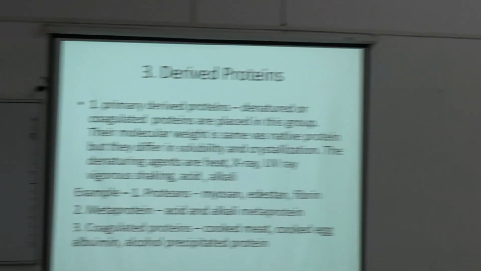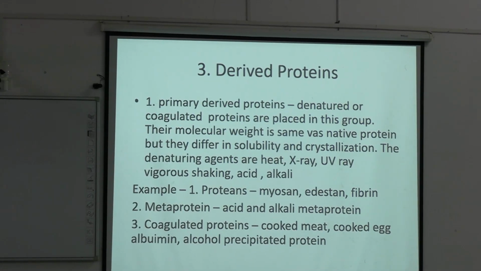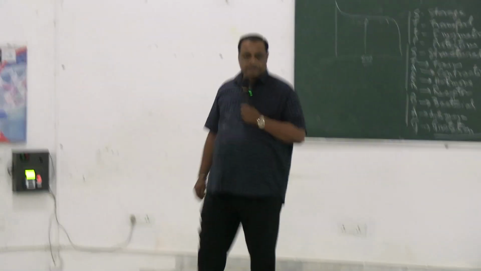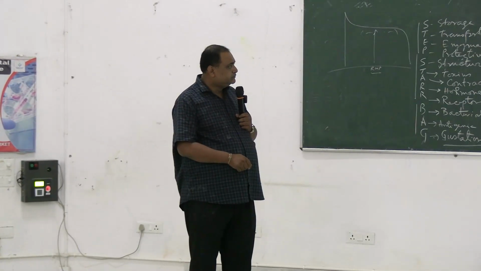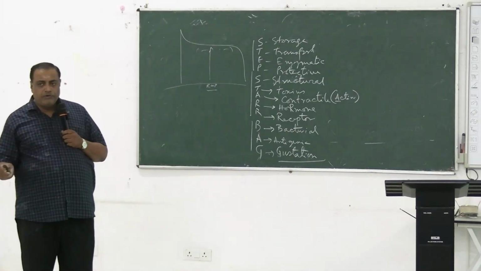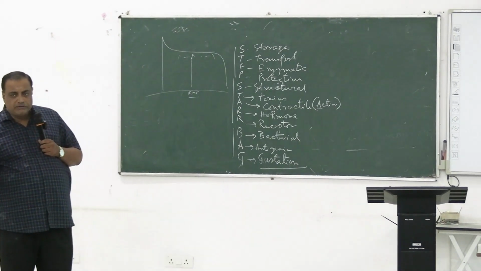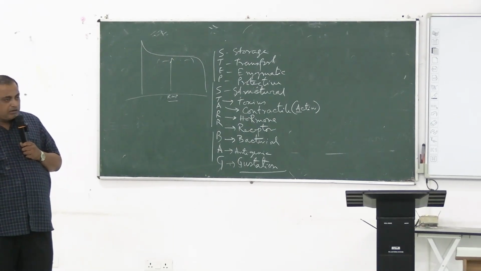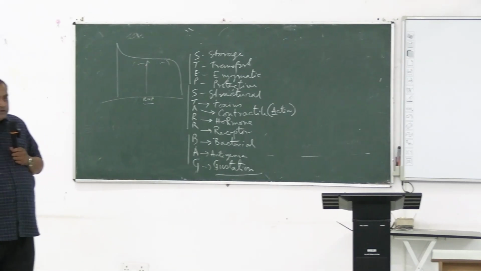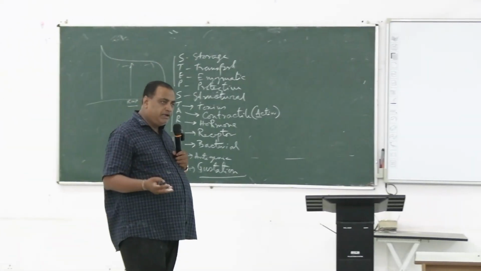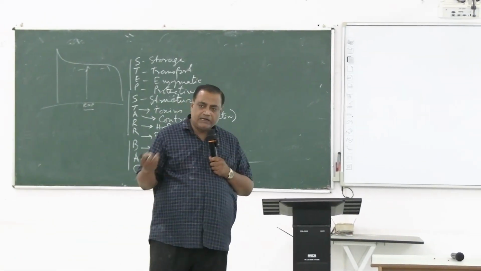Derived proteins, primary derived proteins and secondary derived proteins. Primary derived protein means denatured or coagulated, but molecular weight is not altered. Denatured or coagulated. যেমন albumin. When you boil albumin, albumin gets denatured.